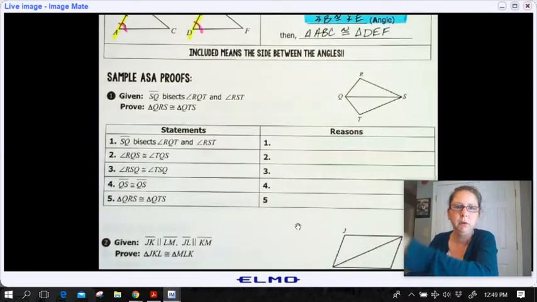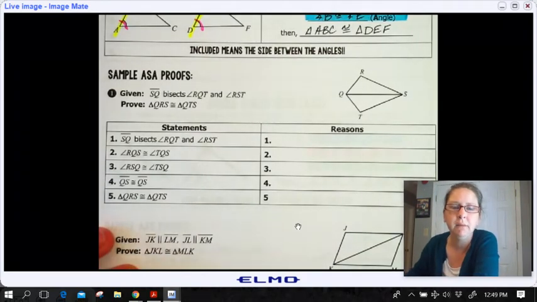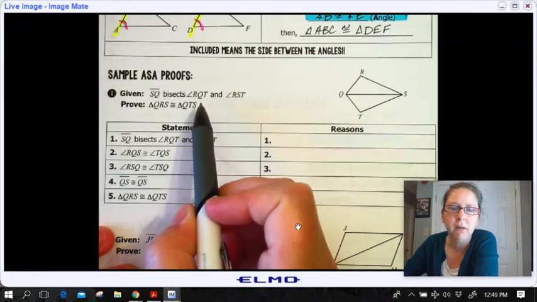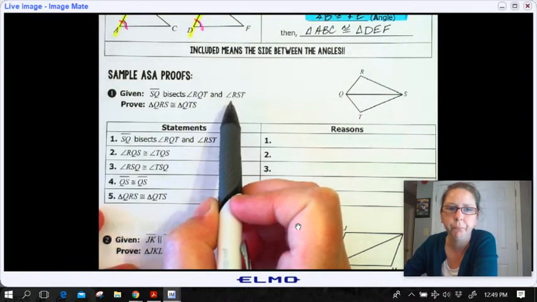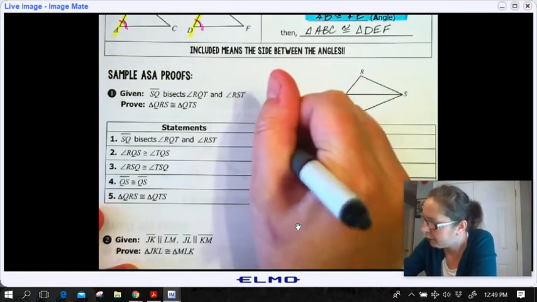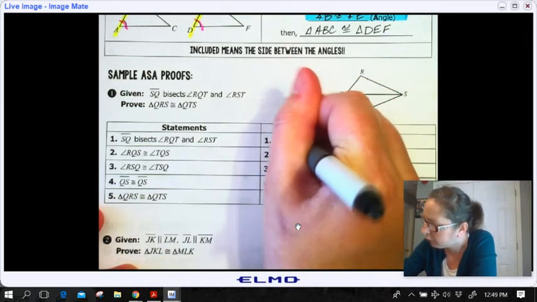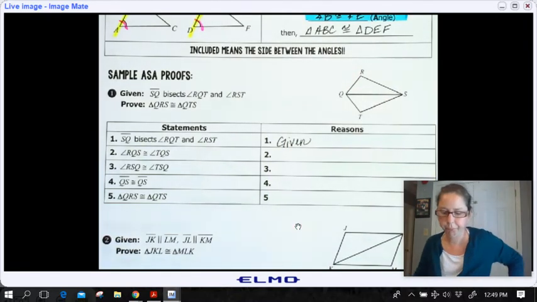Make sure I'm zoomed in good. Okay, so SQ bisects angles RQT and RST. This is our given information. And what does that mean?